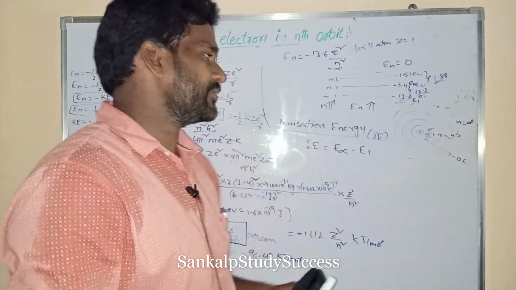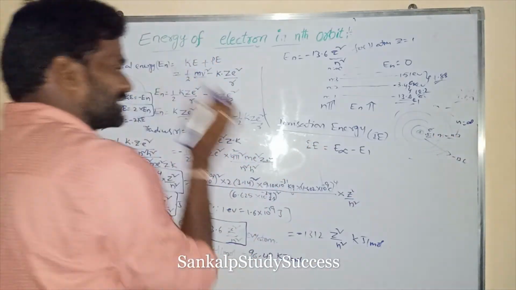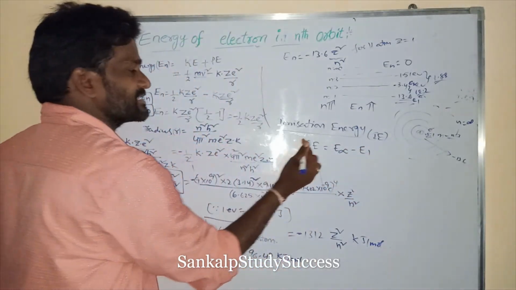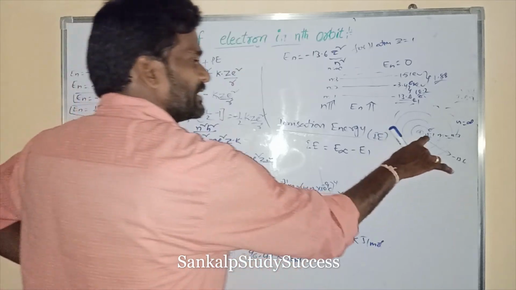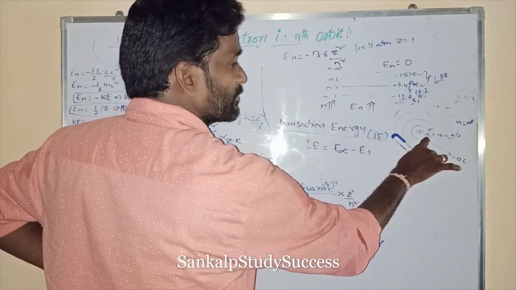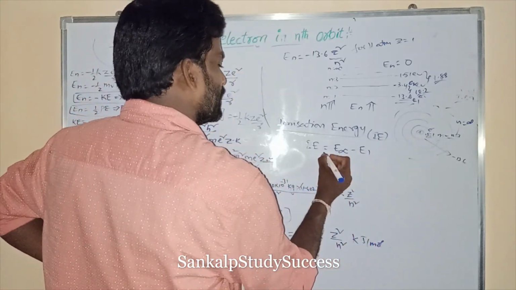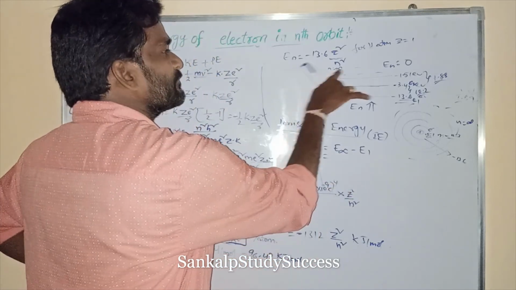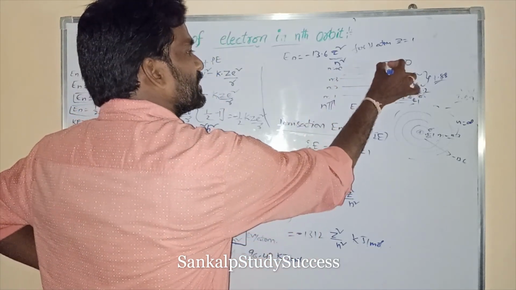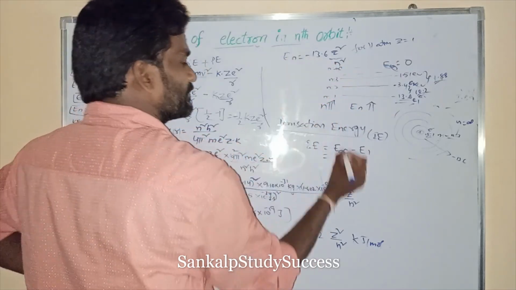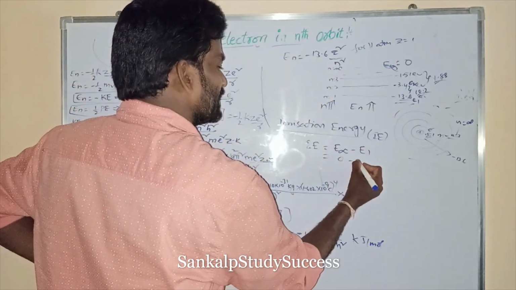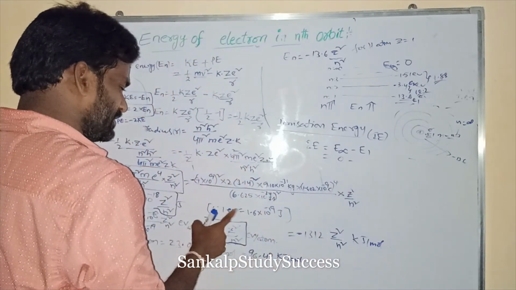Logically, this can be taken as ionization energy IE is equal to E infinity minus E1. Here the electron is removed from the ground state, ground state means E1. E infinity is equal to 0, since n is equal to infinity. So 0 minus E1.